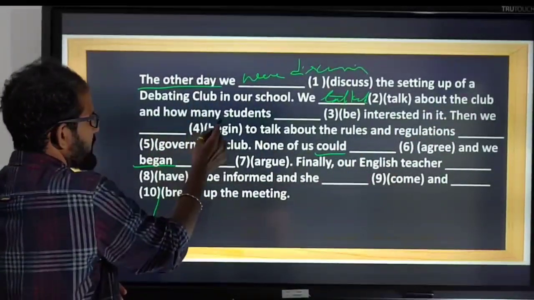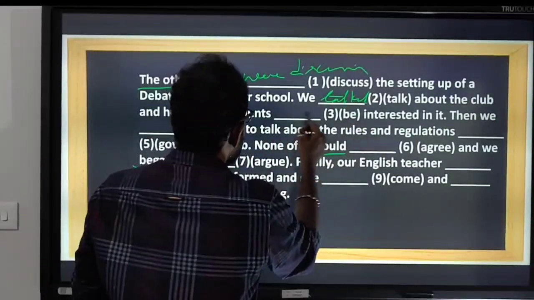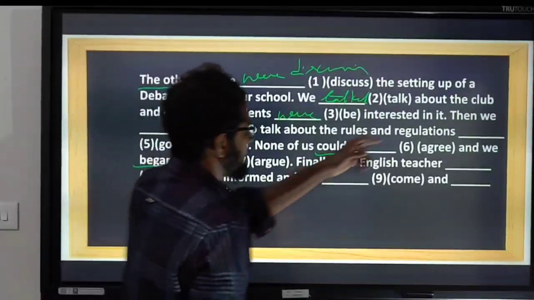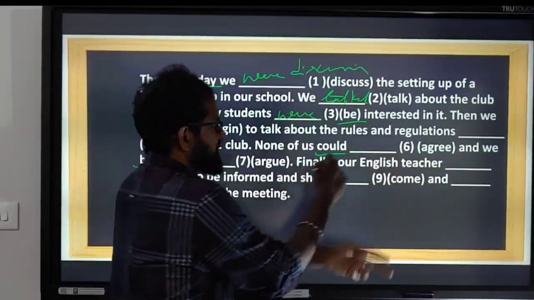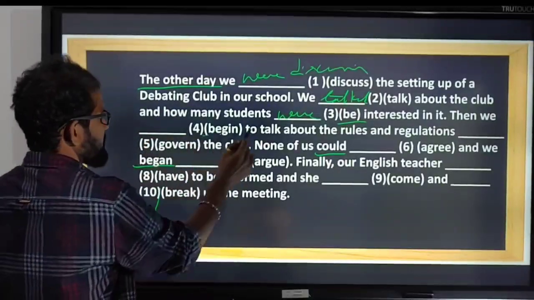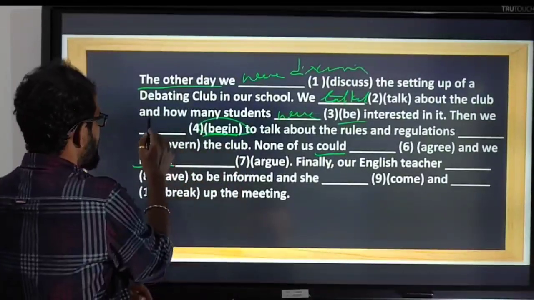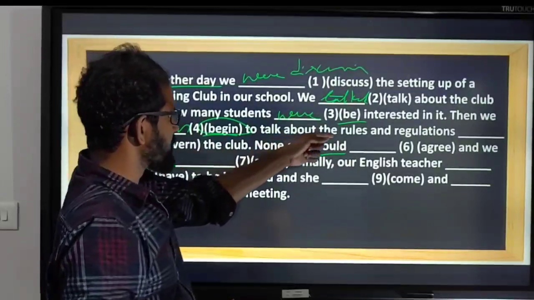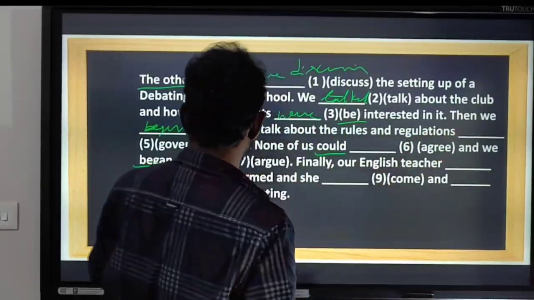And how many students were interested in it. Be form, past be form, were interested in it. Then we began, past form of begin. And then we began to talk about the rules and the regulations.